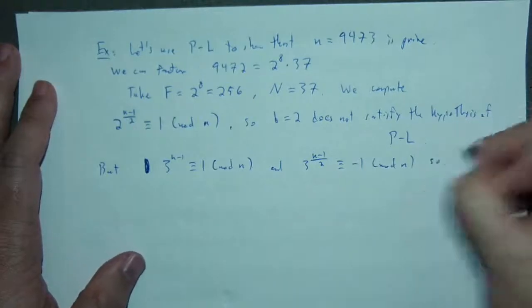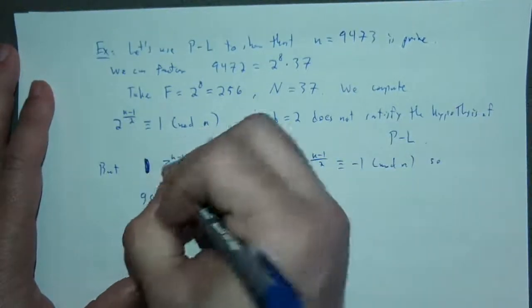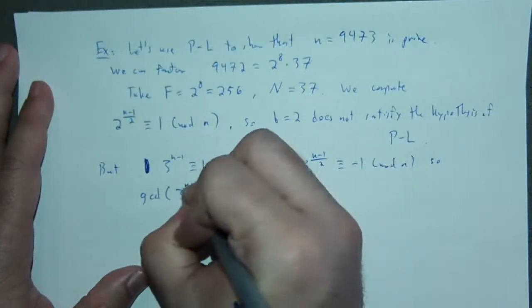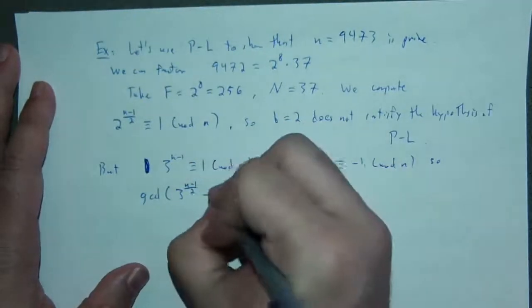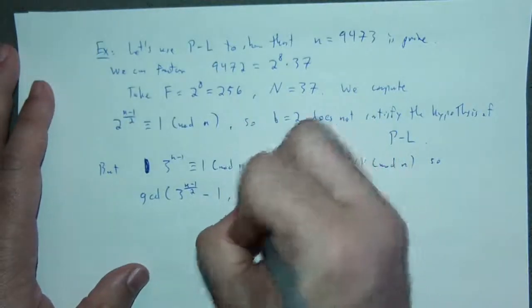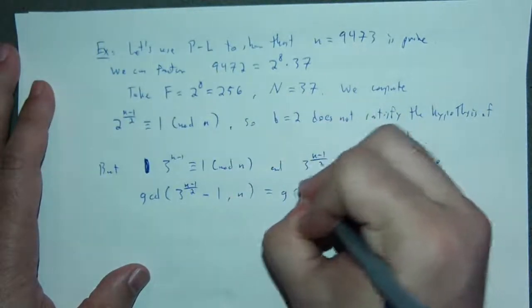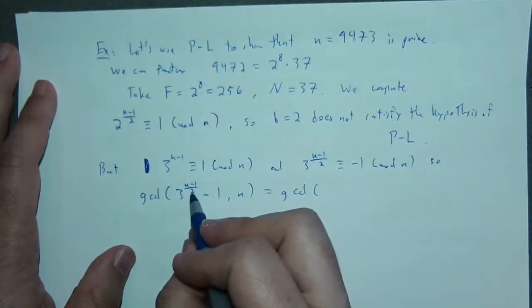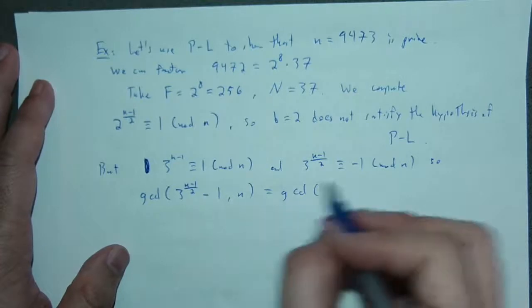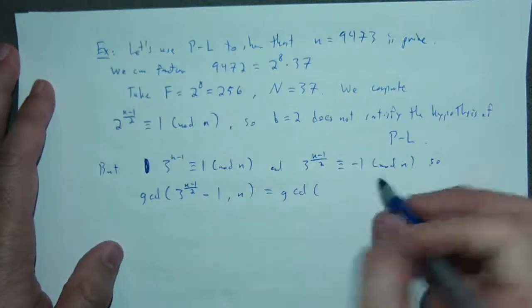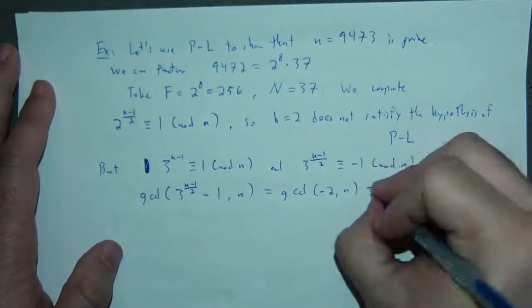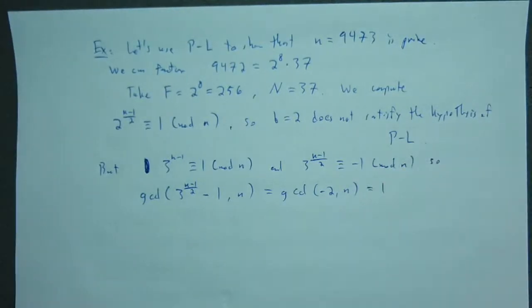So the GCD of 3 to the (n minus 1) over 2 minus 1 and n is the GCD of this. 3 to the (n minus 1) over 2 minus 1 is congruent to minus 2 mod n, so this is the GCD of minus 2 and n, but this is 1.